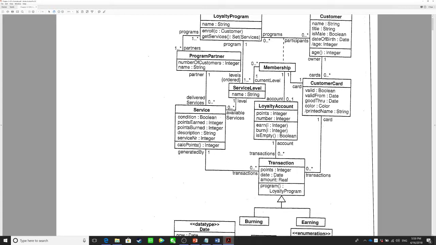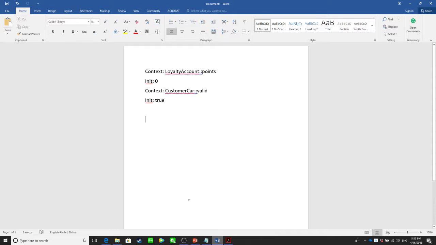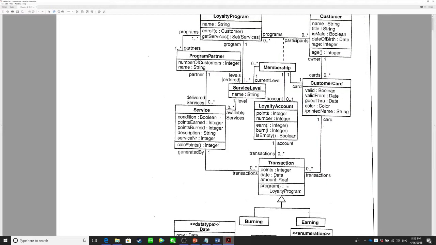Okay. So yeah, but we need to specify this here. Let's give a context. Context from the customer. Yeah, customer card. That class is called customer card, right?